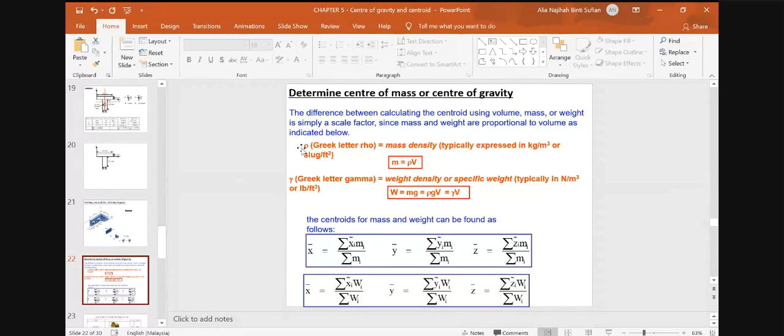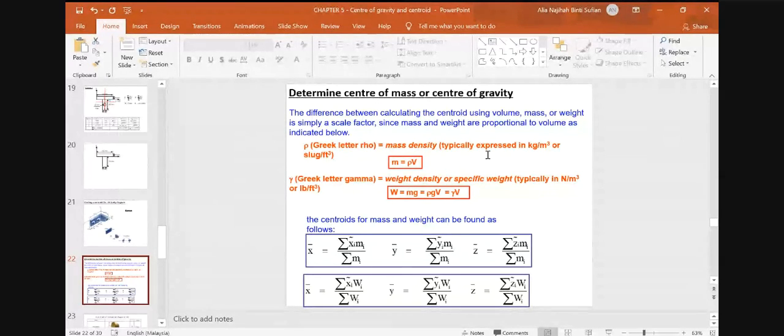Okay, this symbol here is called rho. Rho is used to assign a mass density, in a unit of kilogram per meter cube.